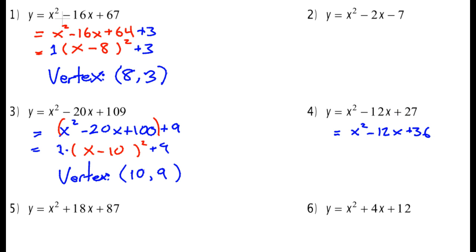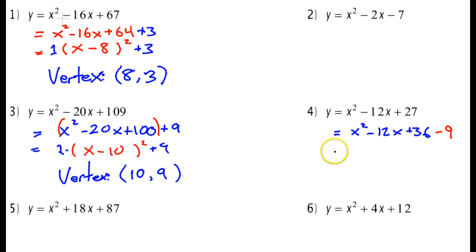What do I need to do? What's that? Minus 9, right? Equals 27. 36 minus 9 is 27. So you might have to add like the first two, but you got to do whatever it takes to keep it equal. So subtract.